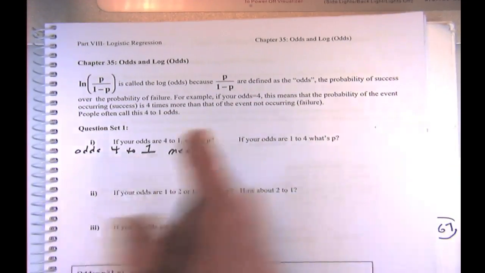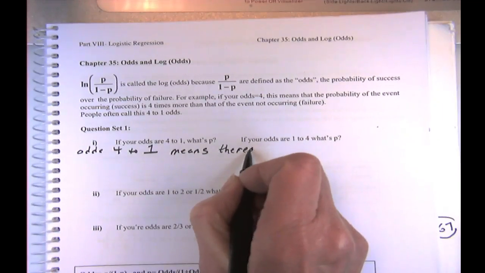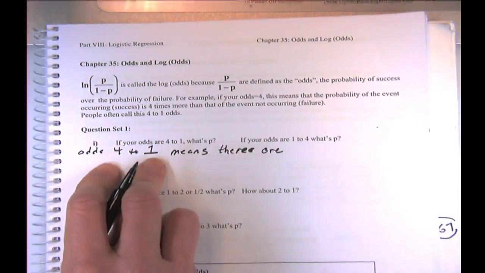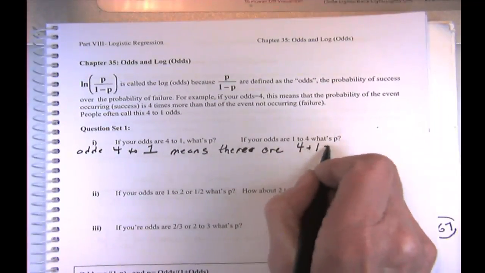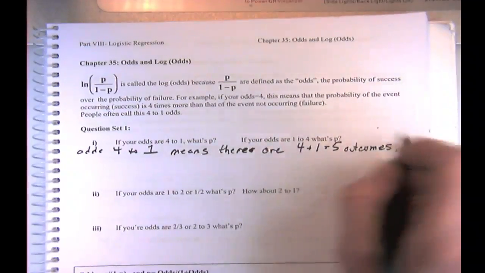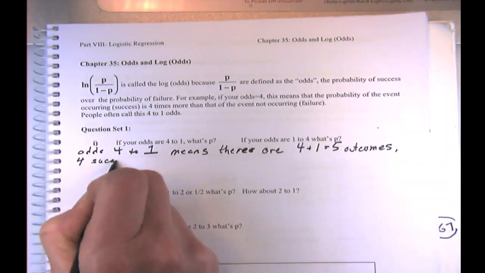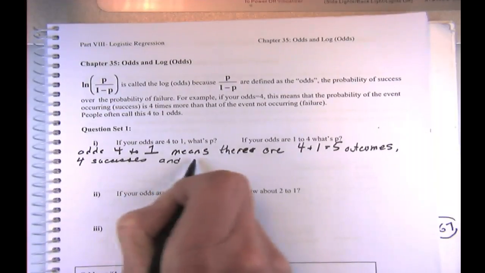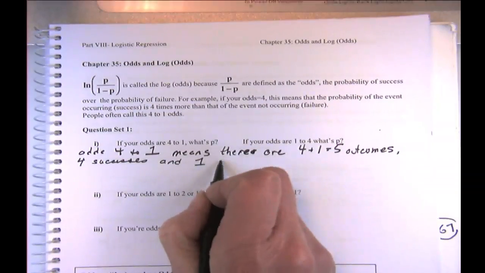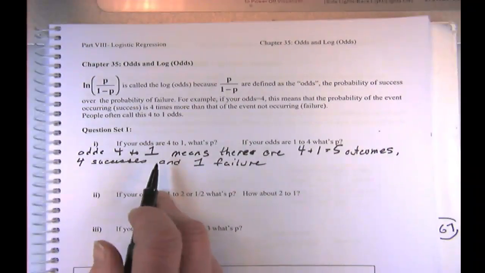So you can think of it as there are 5 outcomes, right? 4 plus 1 equals 5 outcomes. 4 successes and 1 failure, right? It's a 4 to 1 ratio, so I think of it as just 5 outcomes. 4 successes, and 1 failure. And so then it's really easy to go from odds to probability.